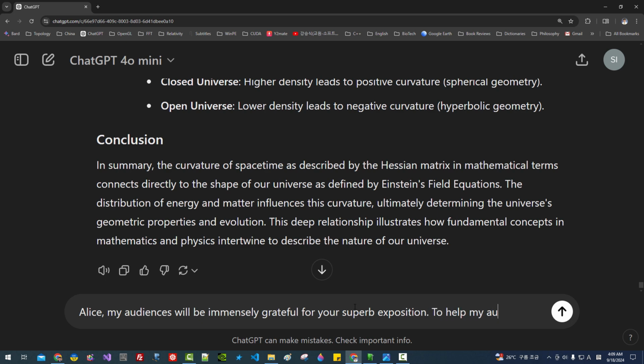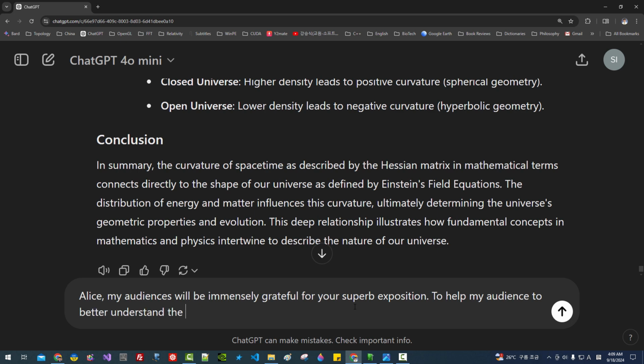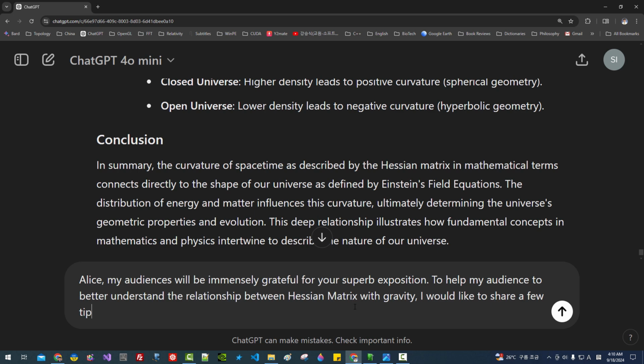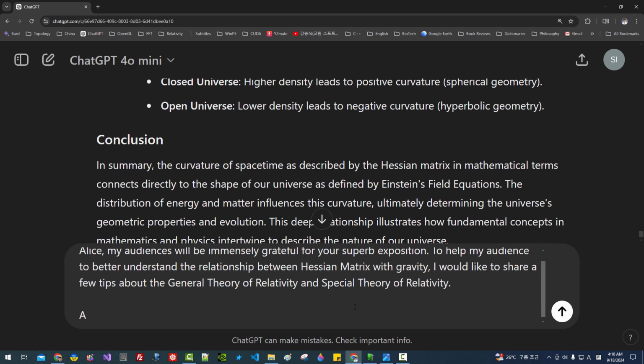To help my audience better understand the relationship between the Hessian matrix and gravity, I would like to share a few tips about the general theory of relativity and the special theory of relativity. According to Einstein's special theory of relativity, acceleration is equivalent to gravity.